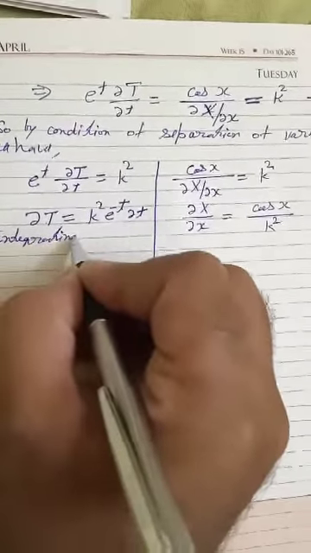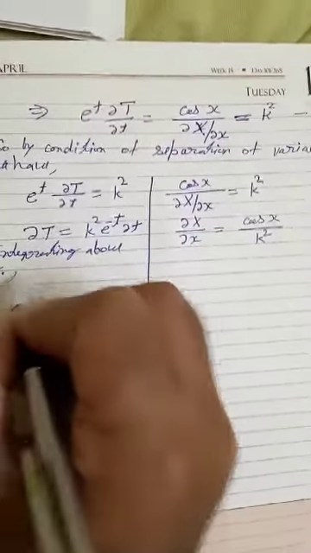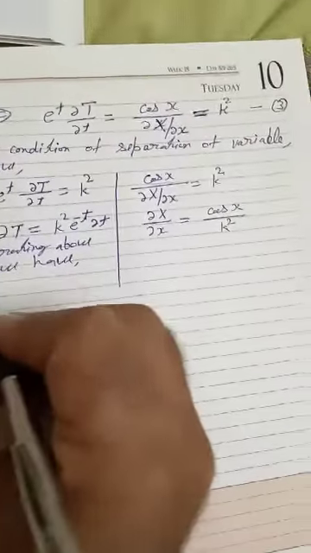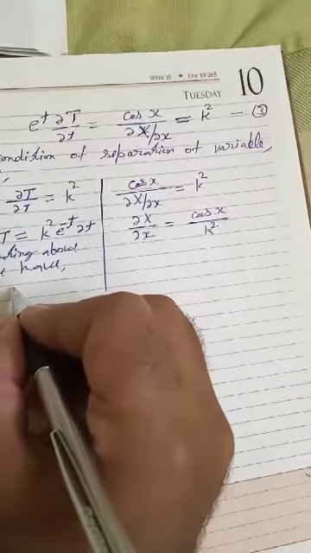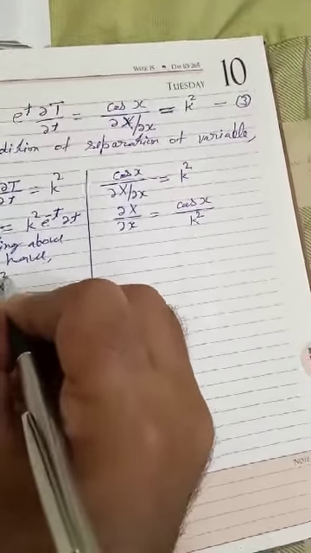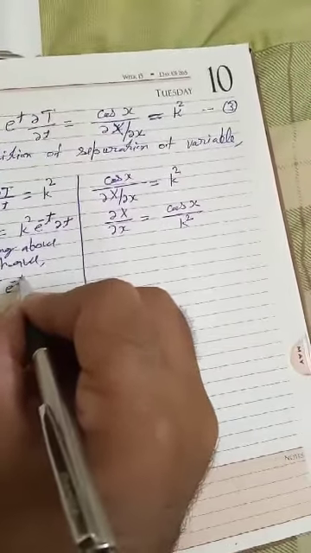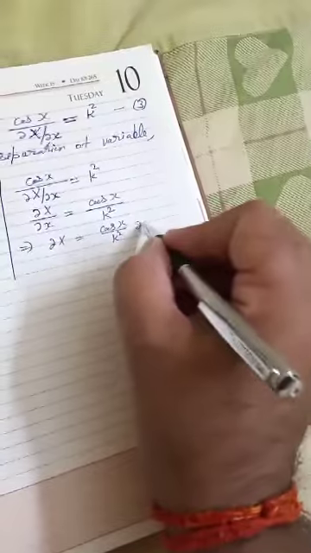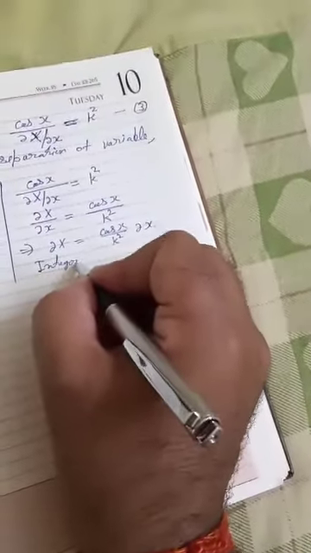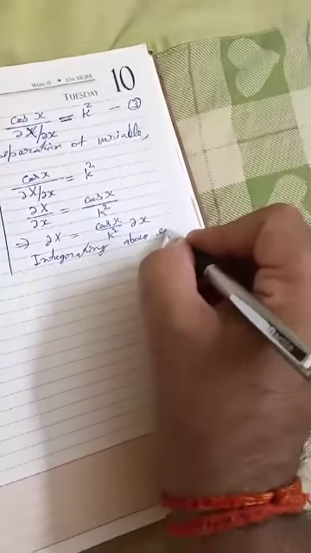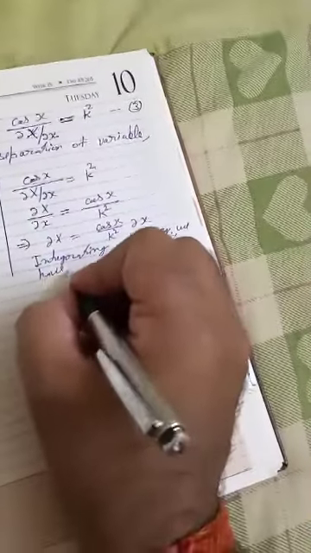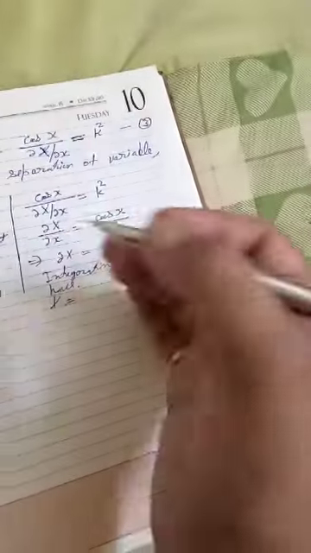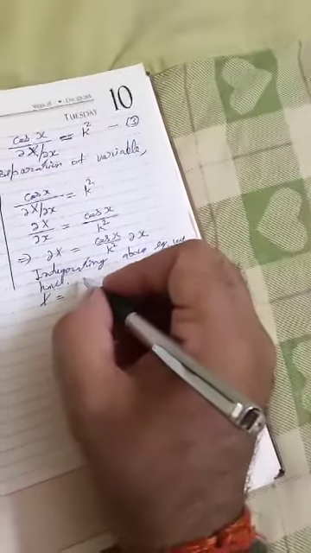So this implies integrating above equation, we have capital T is equal to k square into minus of e to power minus of t plus a constant c1, and this can be written as del capital X is equal to cos of x over k square del x, integrating above equation we have capital X is equal to integration of cos, that is integration of cos is sine.